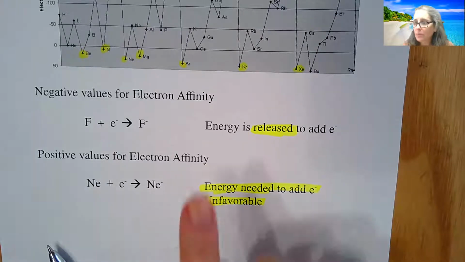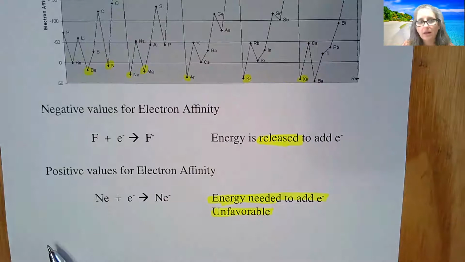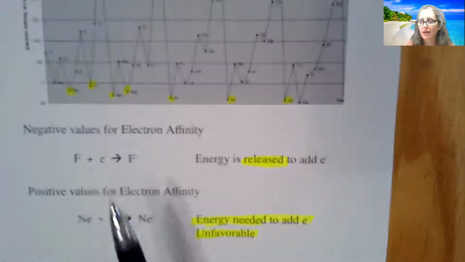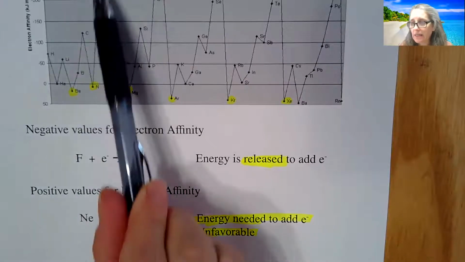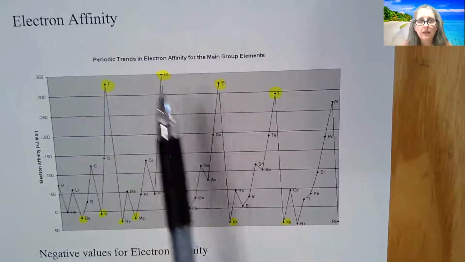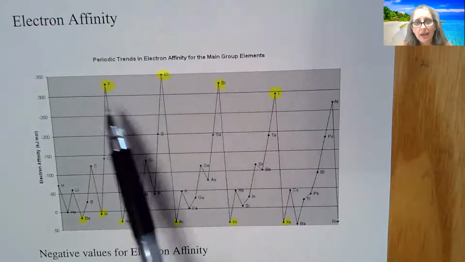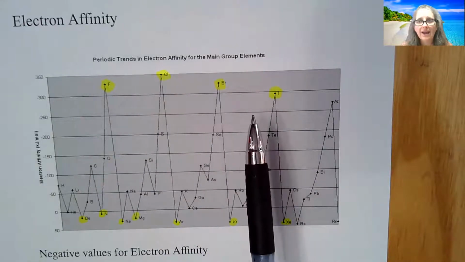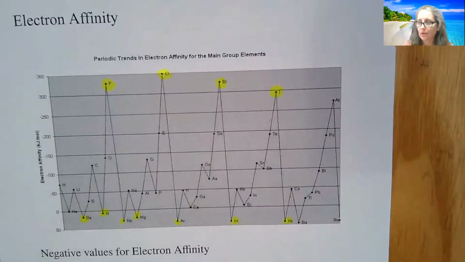The noble gases are all going to be the ones that are positive. Negatives are going to be, again, the more negative it is, the more likely it wants to take on electrons. So take your halogens. They want one more electron, and then they would be happy with that.